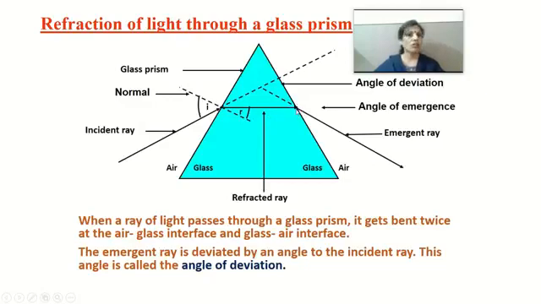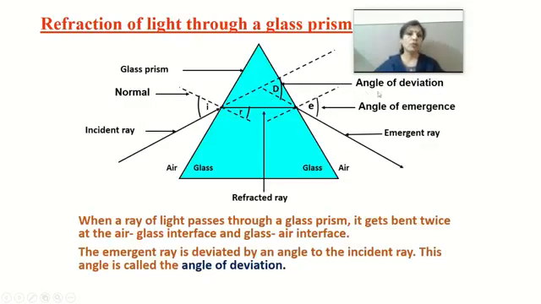If I draw a normal at the glass-air interface in this manner, then the angle made by the emergent ray with the normal is called the angle of emergence. And the angle which is formed because of the intersection of the incident ray and the emergent ray is called the angle of deviation.